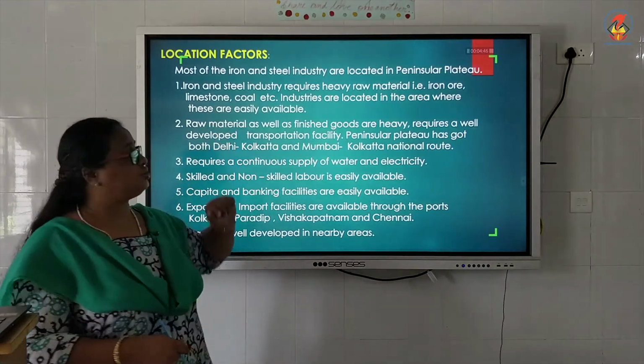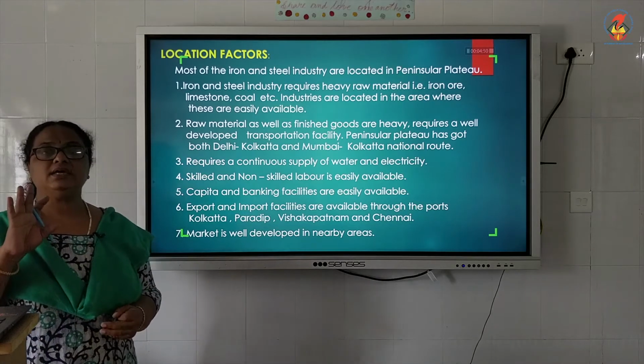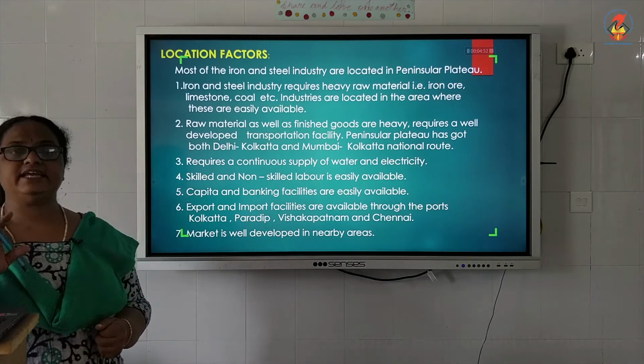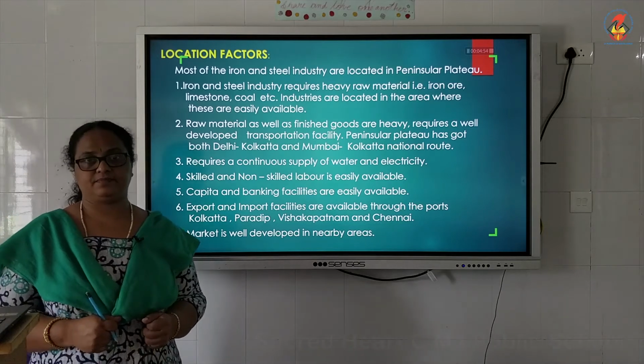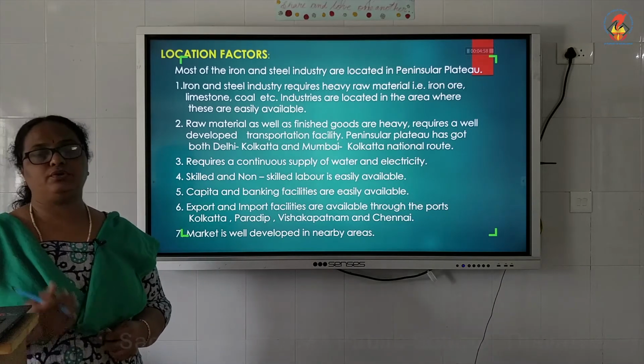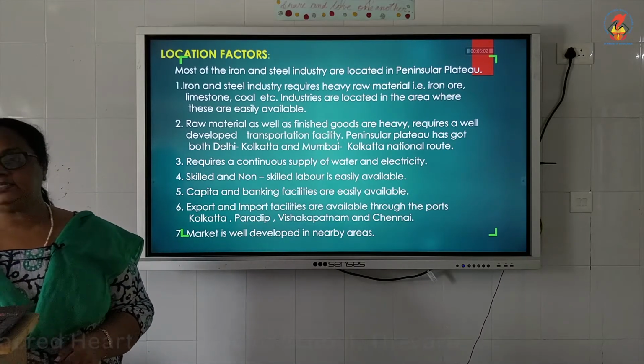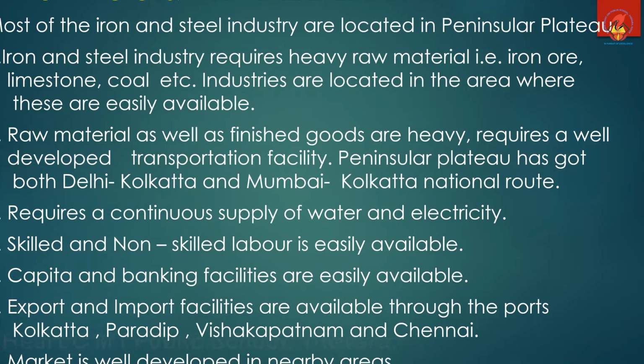Let's go back to the location where these industries, that is iron and steel plants, are located. What are the different factors of location? One of the most important: most of the iron and steel industries are located in the Peninsula Plateau.